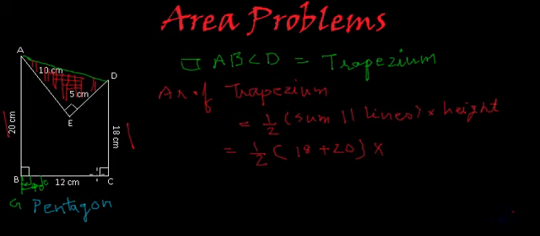Height of any point from a line is actually the length of the perpendicular from that point to the line. So in this case, height is actually the length of BC, right? Yes or no? Yes, because from point B, if we draw a perpendicular, it will fall on point C, because this angle is 90 degree, and similarly point C, the length of perpendicular will be BC, because the perpendicular in this case is falling on point B, because this angle is also 90 degree, right?